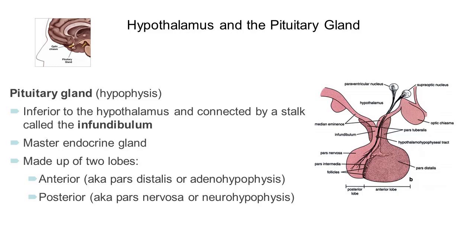And a couple of different names that you have, the anterior is called the pars distalis, which I don't know who named it that. I really prefer the adenohypophysis. Hypophysis is another name for the pituitary. Adeno speaks to the histology.